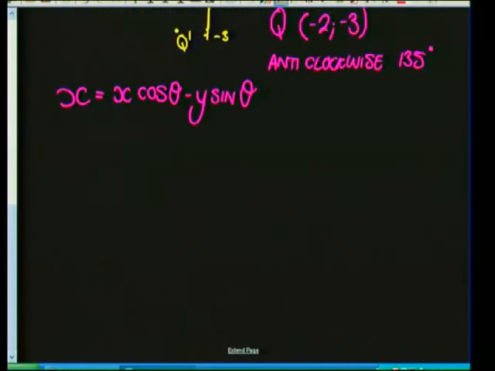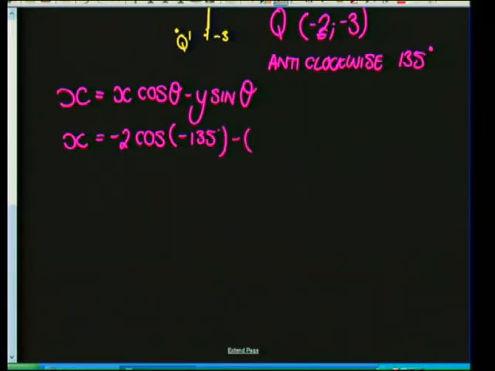Okay, so what we know is I'm going to calculate the coordinate X by saying the X coordinate of my image of Q was -2. So I'm going to substitute -2 into my x cos theta. But remember we said that it's going to be a negative theta because we are going in a clockwise direction.